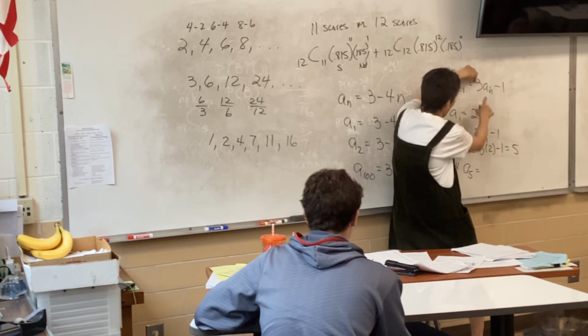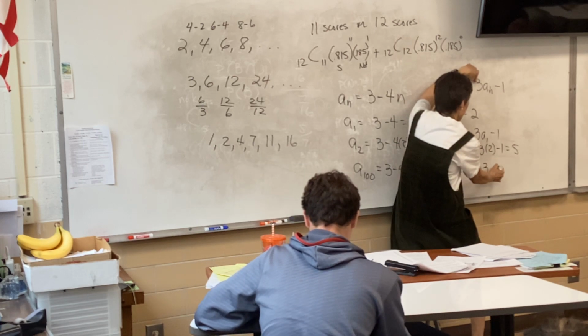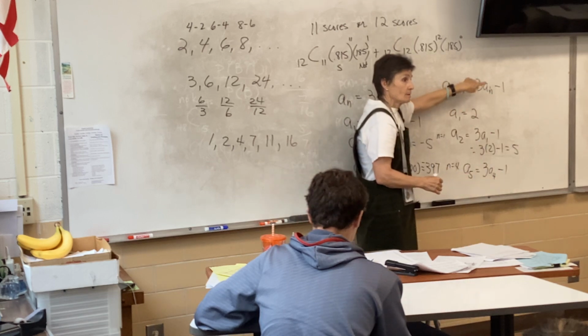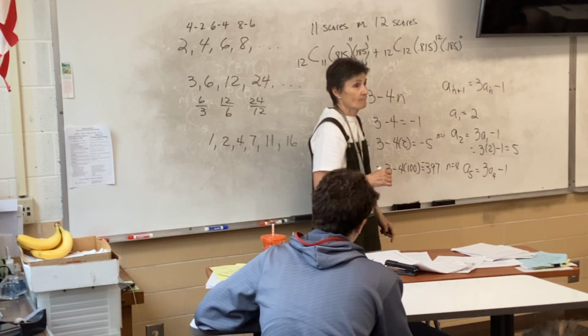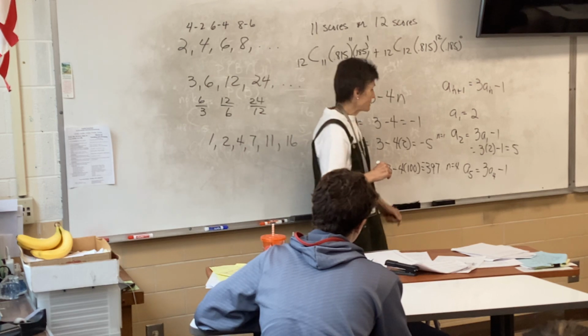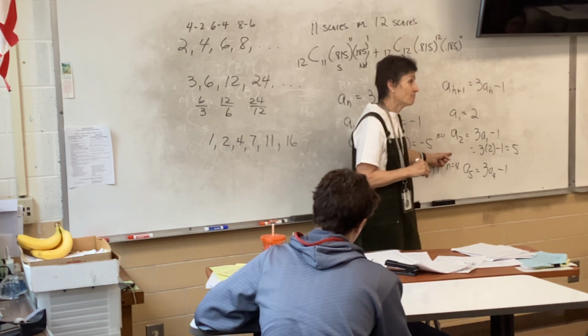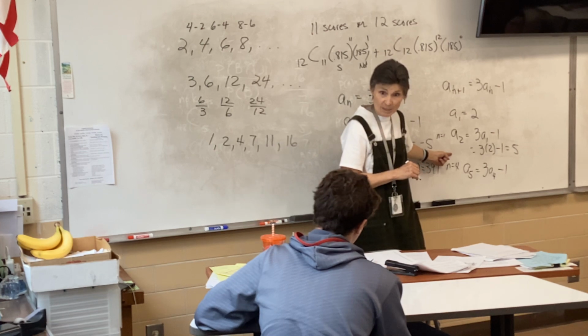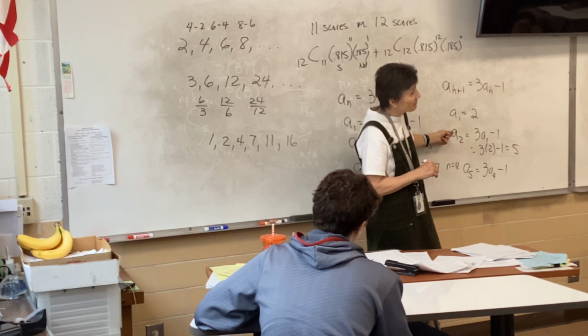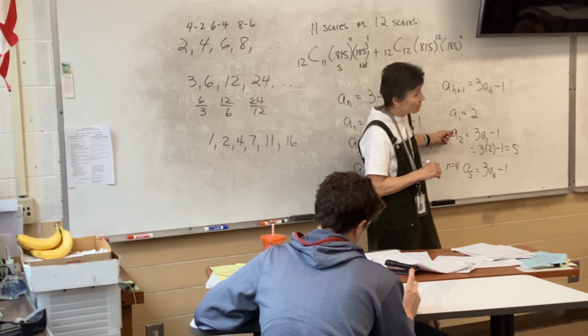If n is 4, it's going to say 3 a sub 4 minus 1. So to find a sub 4, I'm going to have to back up and find a sub 3. And to find a sub 3, I'm going to have to back up and find a sub 2.